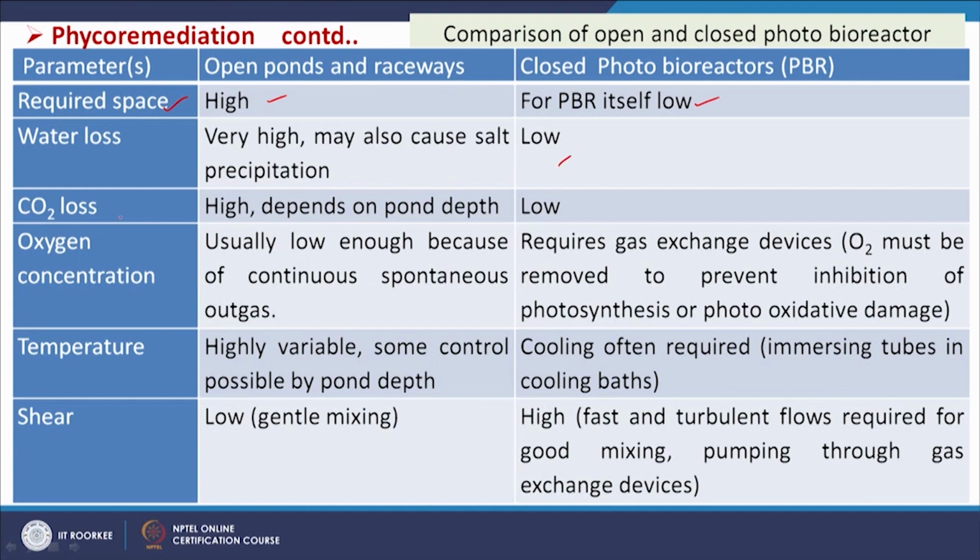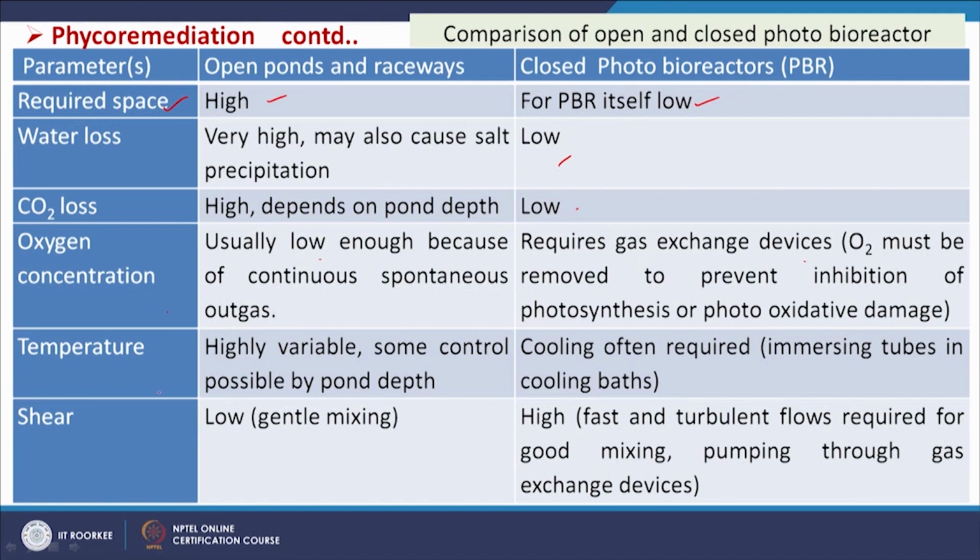Carbon dioxide loss is also high in case of open ponds and low in case of closed photobioreactor. Oxygen concentration is usually low enough because of continuous spontaneous outgassing in case of open pond, and for closed photobioreactors it requires gas exchange devices, that is, oxygen must be removed to prevent inhibition of photosynthesis or photooxidative damage, that we have already mentioned.